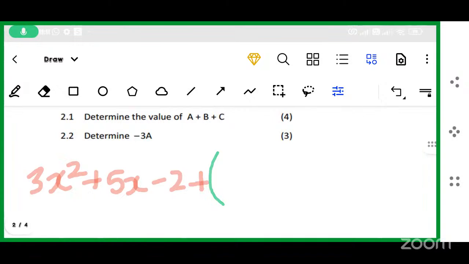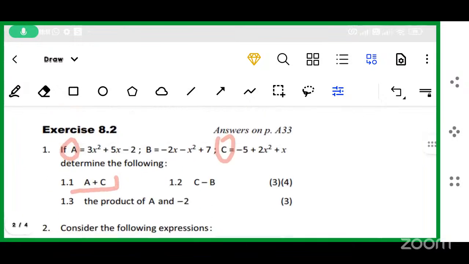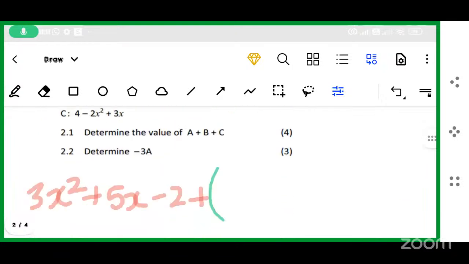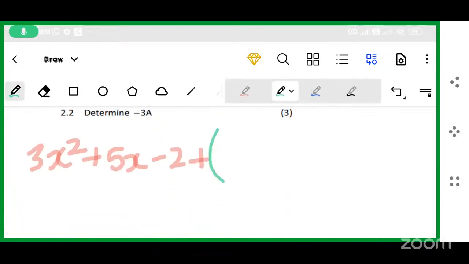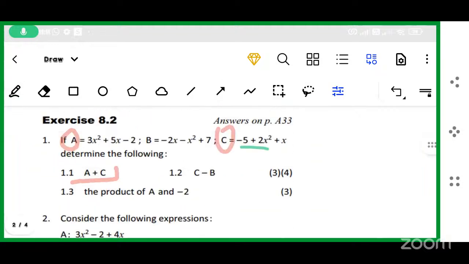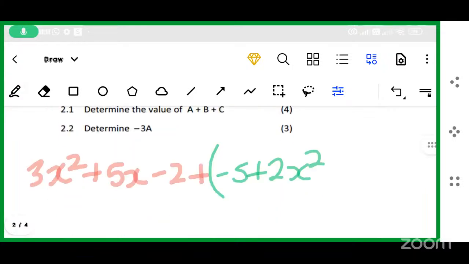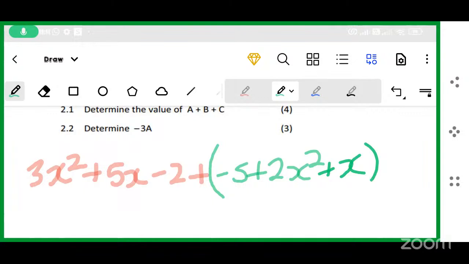So inside the bracket, you're going to write the value of C, which is negative 5 plus 2x squared, and the last one, which is plus x. We close the bracket.